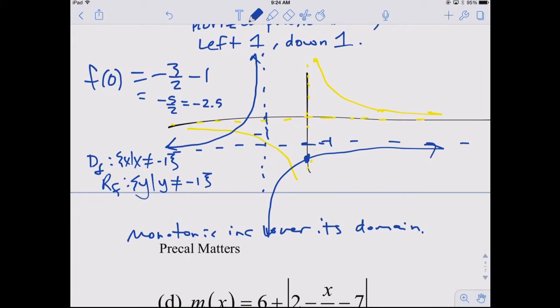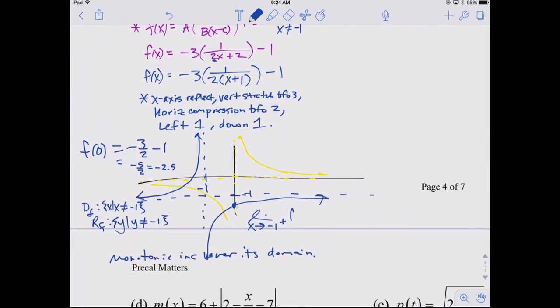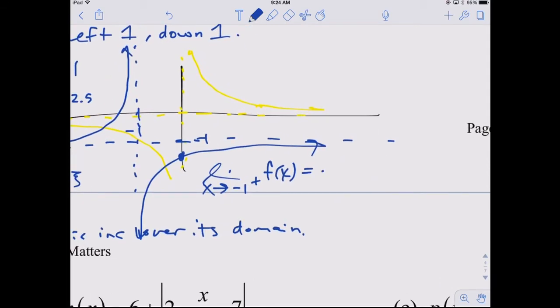I could ask for anything. Anything that we study regarding a function, I could ask. What would be the limit as x approaches -1 from the right-hand side? Louder, right? Negative infinity, right? Confidently, because as we're approaching -1 from the right, here we go. Where are we going? We're going down, down, down, down, down.